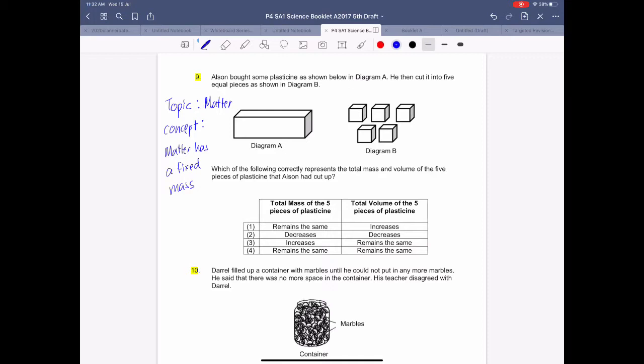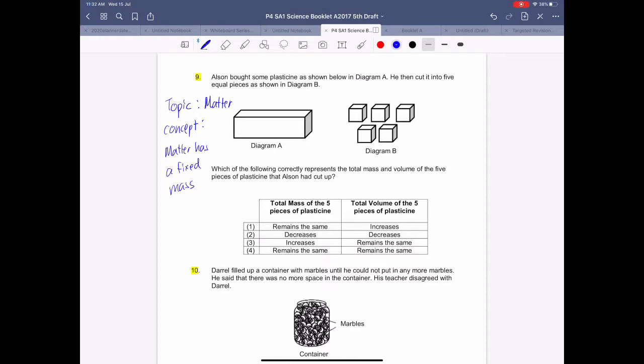Now, in fact, all matter have a fixed mass. Just in case you don't understand what is mass, mass is the amount of substance used to form something. It is different from weight. Weight has got to do with gravity, the gravitational pull.